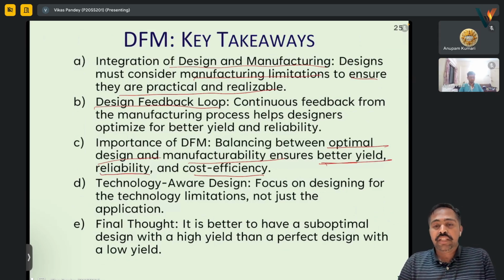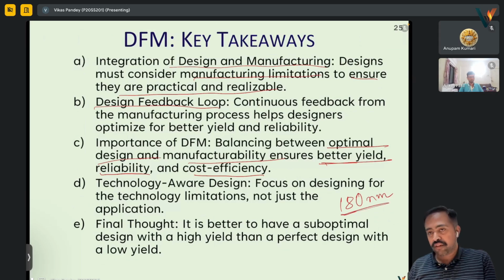Next is technology aware design. Whatever technology you have, focus on designing for that technology, not just the application. Say we have a technology to make something of 180 nanometer, and we are designing it for 50 nanometer because that is the industry standard.